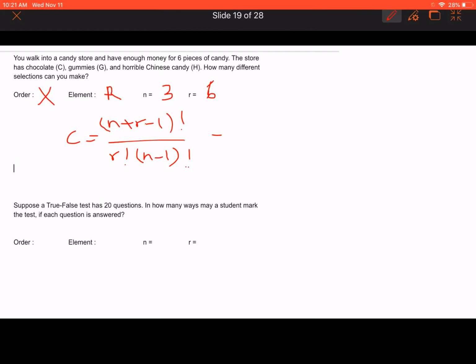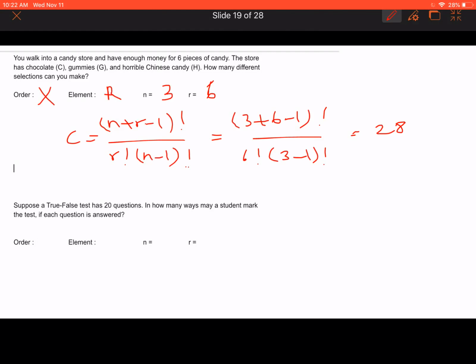So just substitute the values here: 3 plus 6 minus 1 factorial by 6 factorial into 3 minus 1 factorial, where the answer is going to be 28.